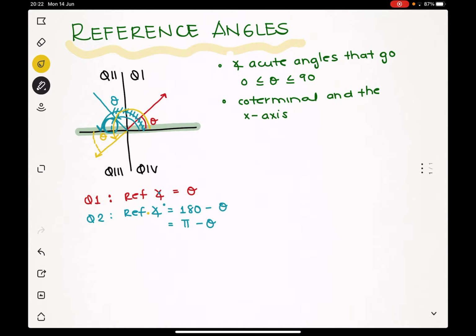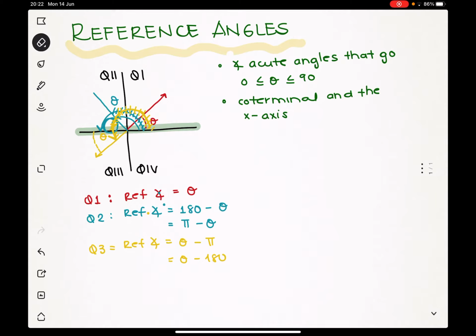So if we go all the way over there, so in quadrant 3, the reference angle is going to be the angle minus pi, because we're going to count all of this, and then we're going to subtract pi, or 180. So theta minus 180.